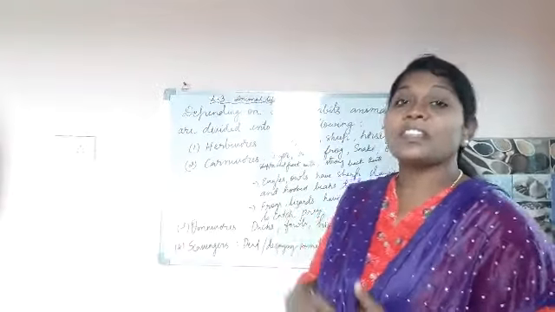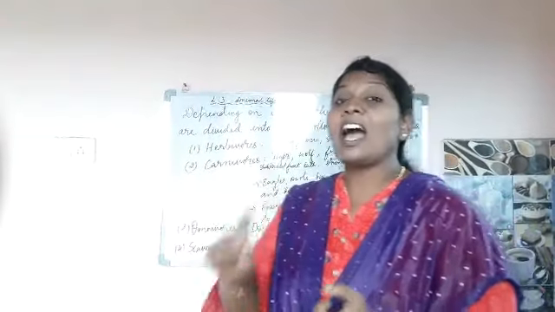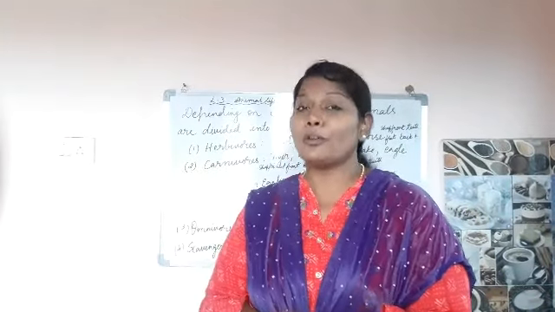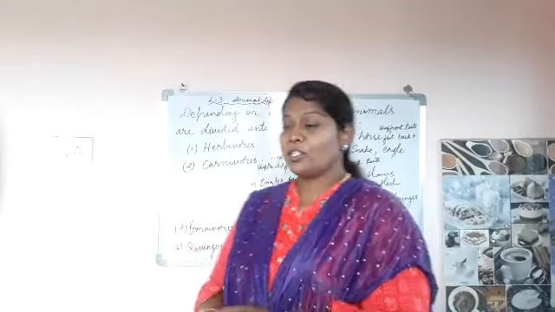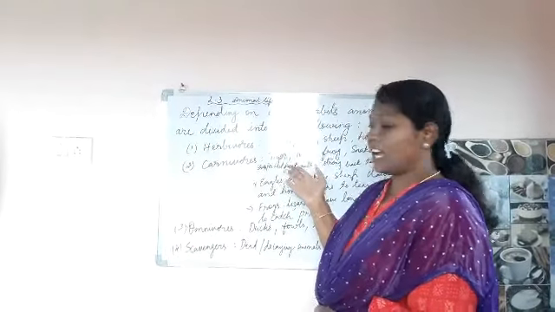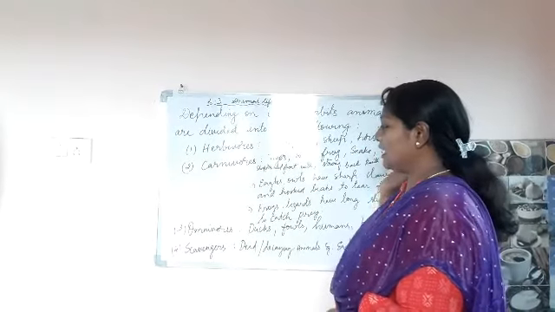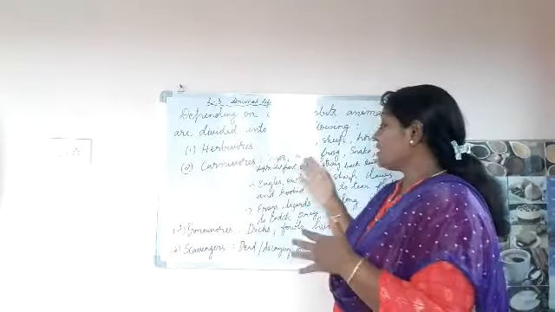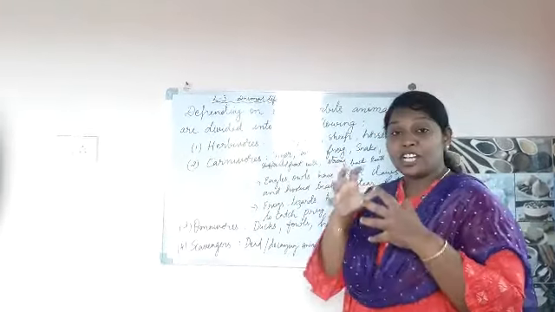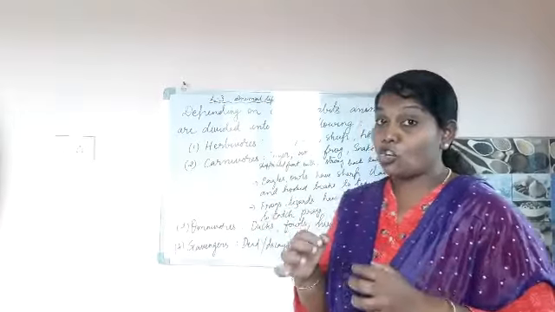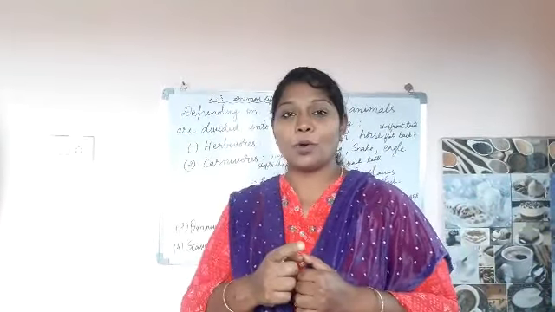So children, the animals which depend upon other animals for food are called carnivores. The examples are tiger, wolf, frog, snake and eagle. Especially the tigers and wolves depend upon the sharp front teeth and the strong back teeth to tear the flesh and chew the bones.